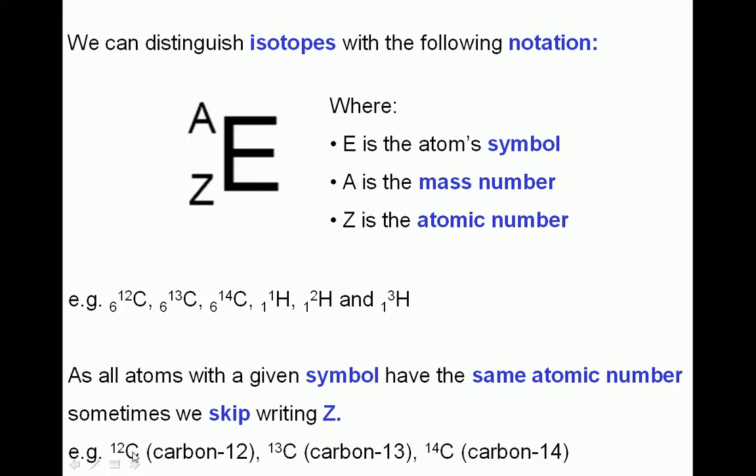This would be carbon 12, a carbon atom with 12 particles in its nucleus. This is a carbon atom with 13 particles in its nucleus. And we say this in words, carbon 12, carbon 13, and carbon 14. These have 6 neutrons, 7 neutrons, 8 neutrons, because carbon has 6 protons in its nucleus.